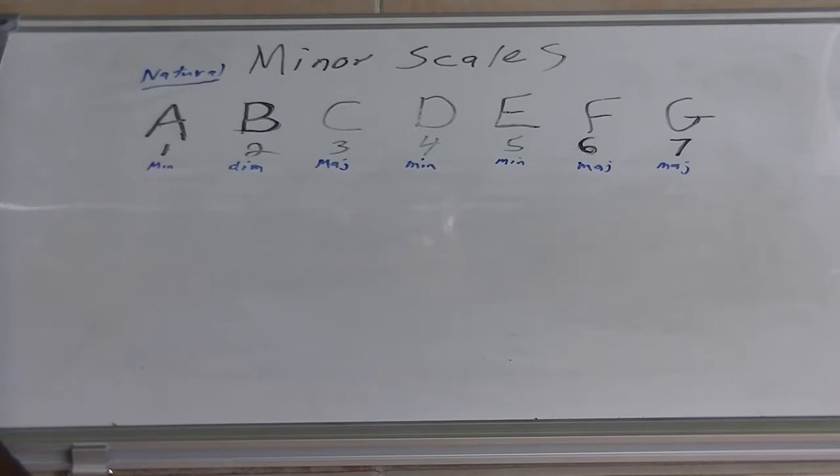There are no sharps and flats in it, and this is an easy scale to remember. Really all we have to do is start with the note A and just proceed through the letters of the musical alphabet until we come back to A.